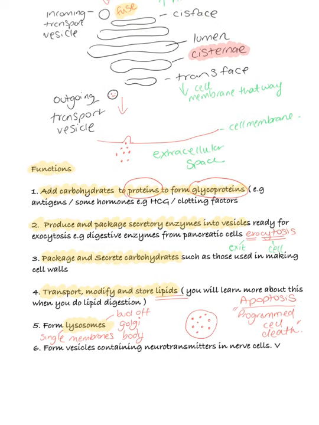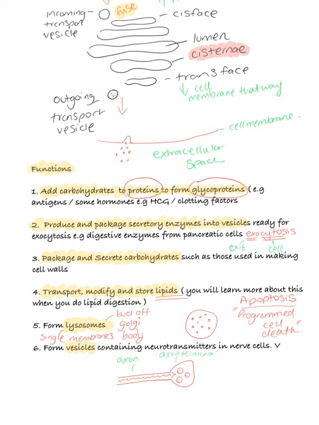They can also form vesicles containing neurotransmitters, for instance in nerve cells. So you probably learnt at GCSE that if we imagine a nerve cell with its axon and then its axon terminal, the electrical impulse travels down the axon, and then when it reaches the axon terminal, it triggers the release of a chemical message. And that chemical message is neurotransmitters.